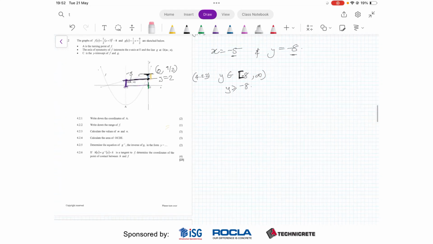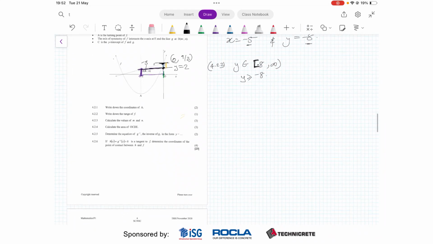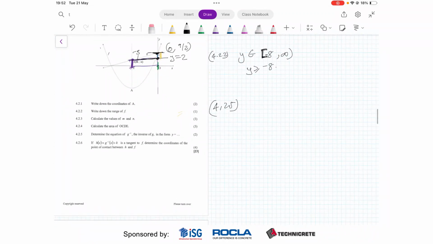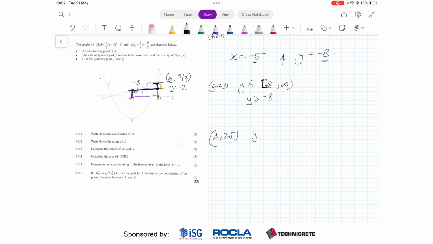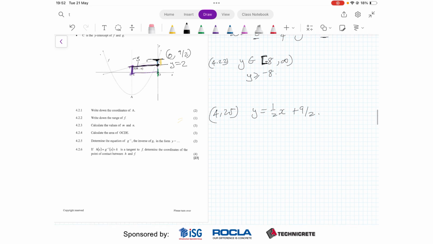Okay, so in order to determine the inverse of g, that's 4.2.5, we're going to first write down the equation of g, and the equation of g tells us that y is equal to 1 over 2 x plus 9 over 2. Now, the first thing that we need to do in order to determine the inverse is to interchange x and y, meaning wherever we see a y, we write down an x, and wherever we see an x, we write down a y.